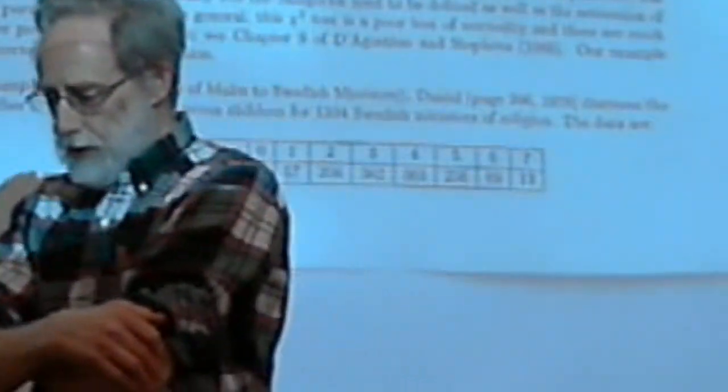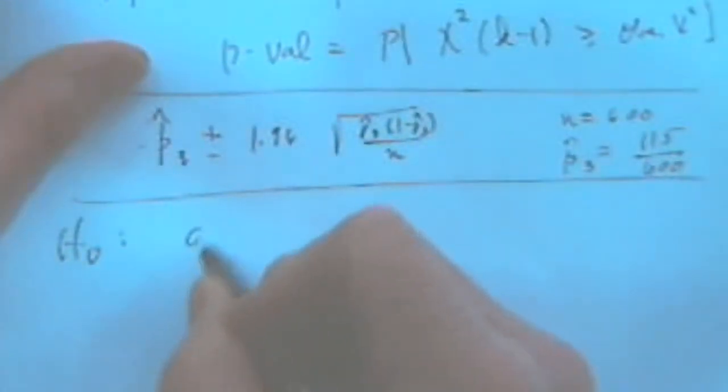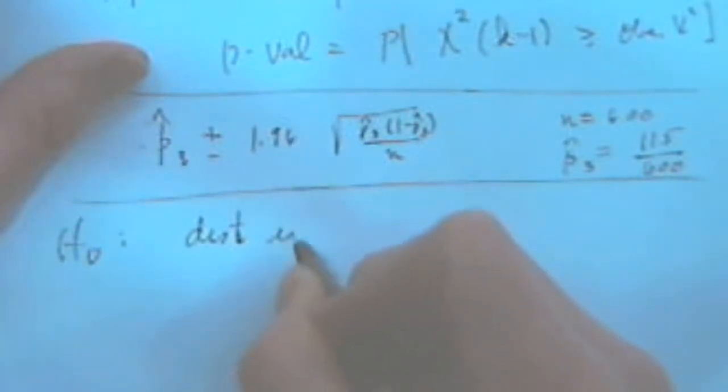And we're going to see if it's binomial. Success is either or. There's the 7 trials and there's success and failure. So we just want to see if the form is binomial. So in this case, H naught is the distribution is binomial.